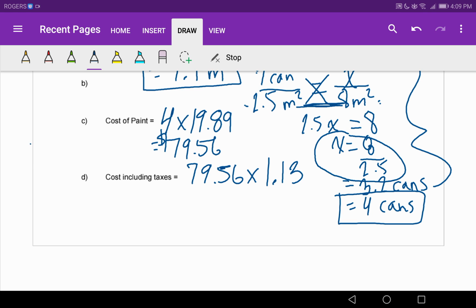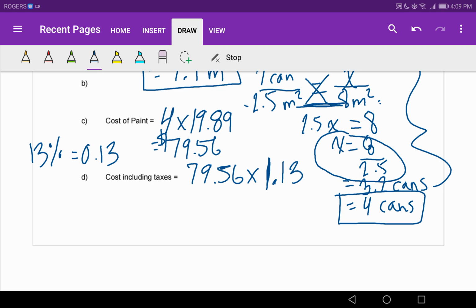So 13%, remember, is 0.13 as a decimal. Divide by 100, you get 0.13, right? But because we want to make this bigger than 79.56, multiply it by 1.13. Always, when you calculate tax, multiply it by 1.13.